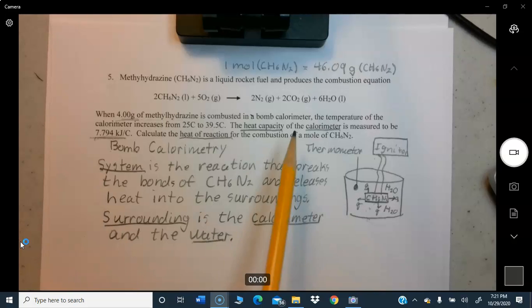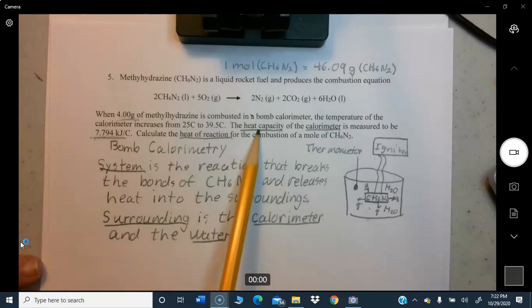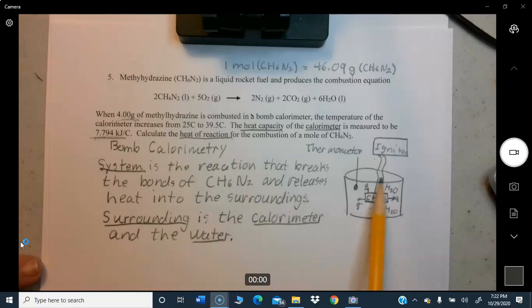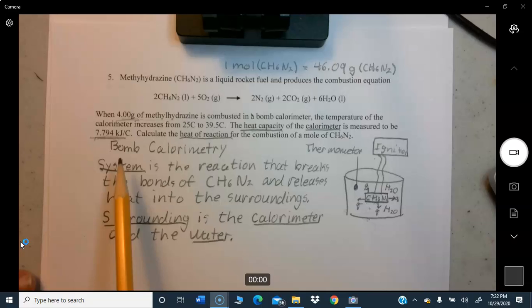The other thing you notice is the term. It's heat capacity. Specific heat is the amount of heat energy in joules that it takes to raise 1 gram of a substance by 1 degree centigrade. But heat capacity takes into account the mass of the substance. So you have to take into account the mass of the calorimeter, and that's done in this number already. That's why it's heat capacity of the calorimeter and not specific heat.